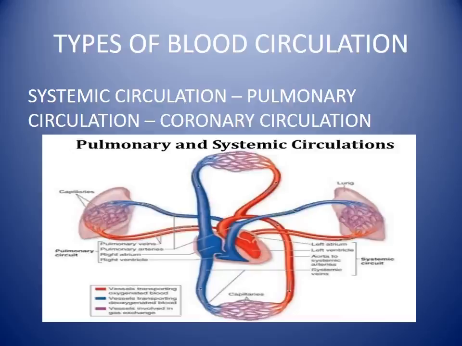That means we studied double circulation and single circulation. Double circulation is in higher animals, and single circulation is in fish, amphibians, and certain reptiles also. Does everybody understand these types of circulation?